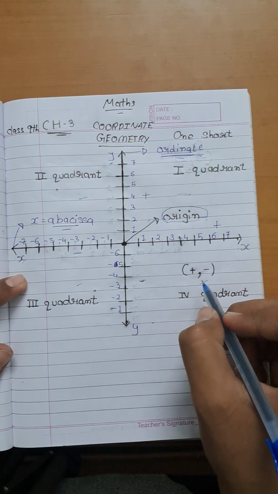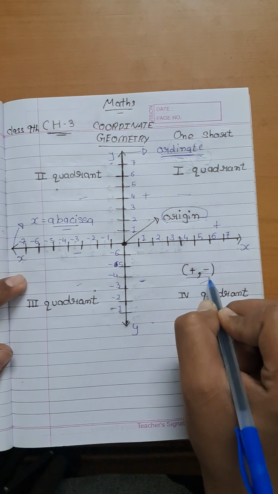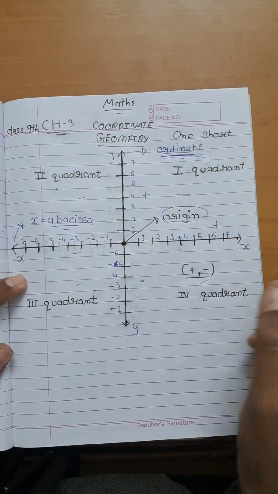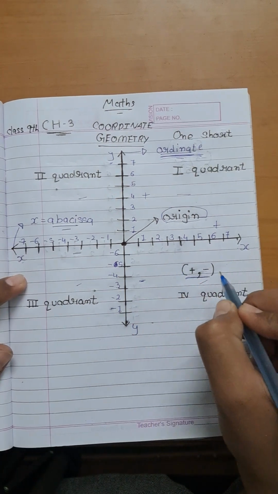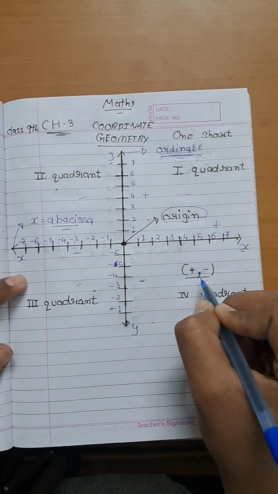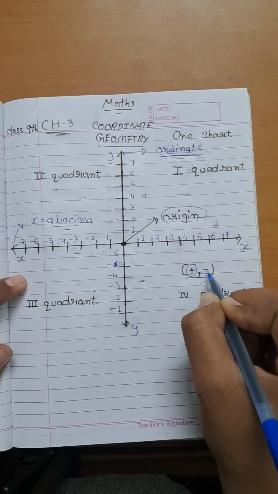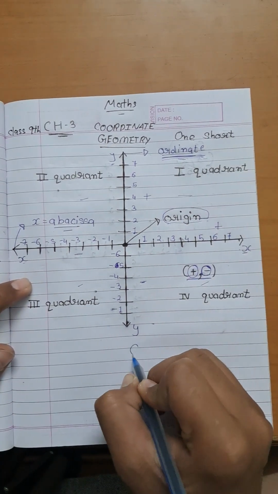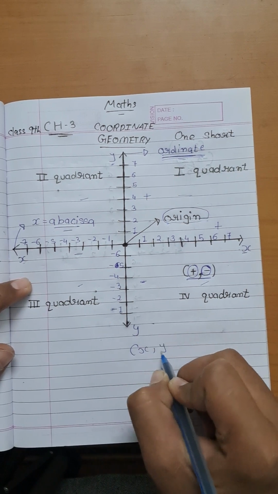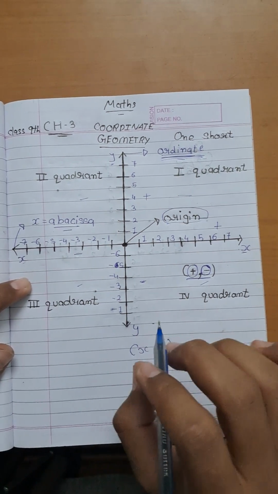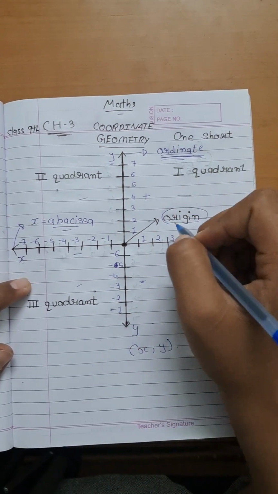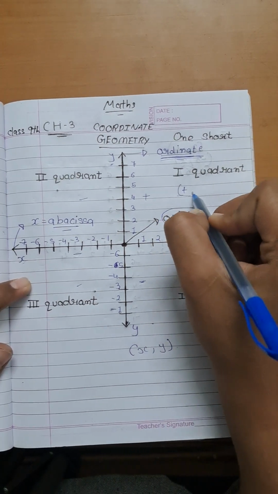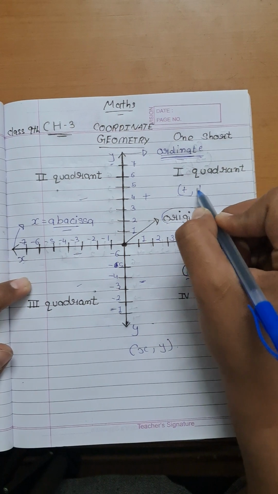In the exam they can give a question in this way. I am giving examples on the backside, but you have to remember that in an equation you have to write x first and then y. You have to write xy in any situation. So in the first quadrant the x-axis is positive and the y-axis is also positive, both are positive.